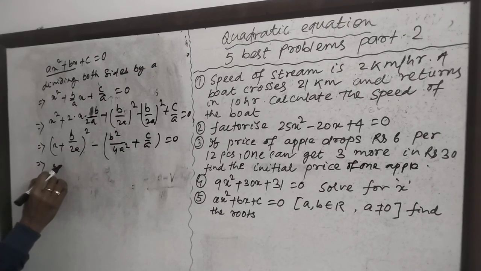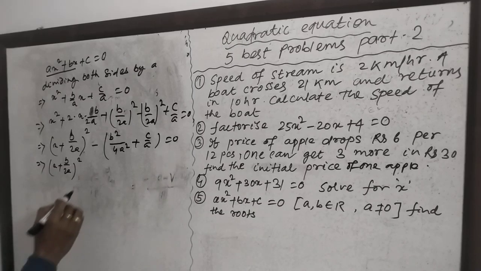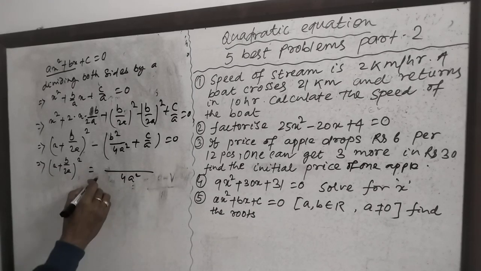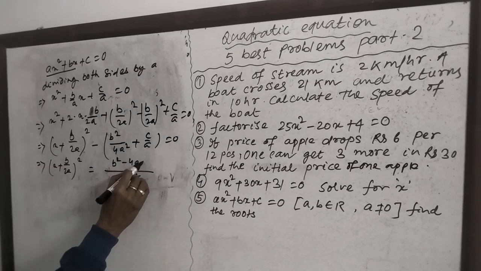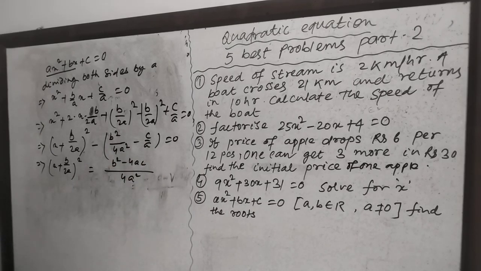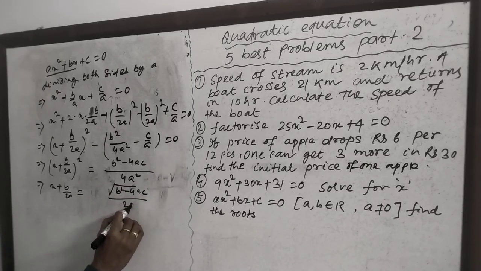Now this will be x plus b by 2a whole square, this will be equal to b square minus 4ac over 4a square. Now x plus b by 2a, okay, taking square roots, it will be plus or minus root over b square minus 4ac by 2a.